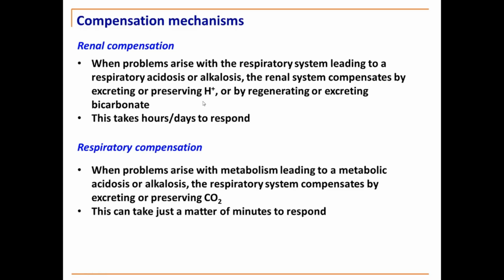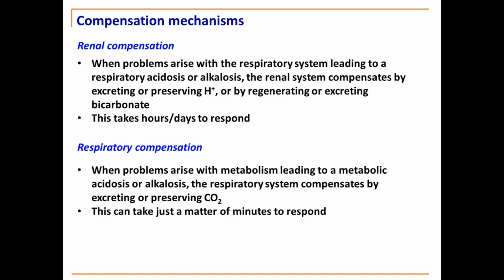Just also to note, the renal system will also excrete and regenerate hydrogen and bicarbonate if it's a metabolic disorder, as long as it's not the renal system where the defect lies. So the renal compensation is basically helping to compensate for everything except if there's a renal issue, because obviously it can't do that.